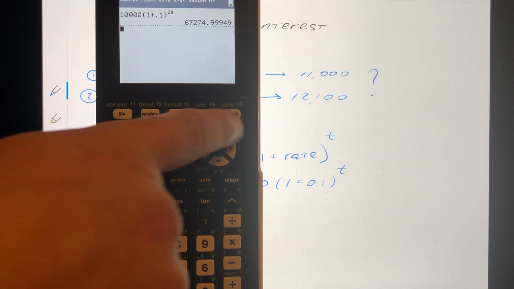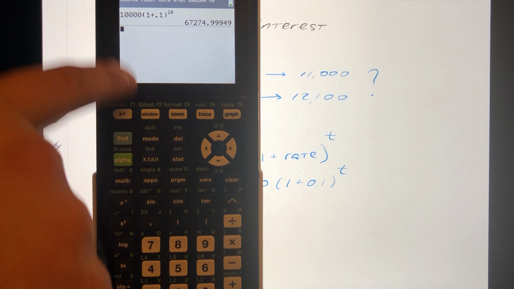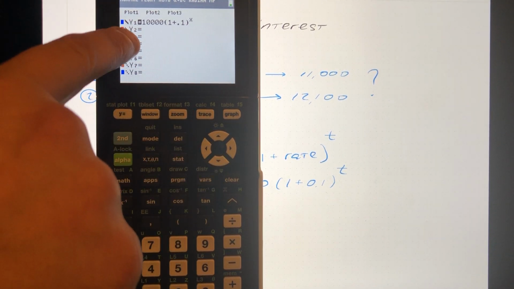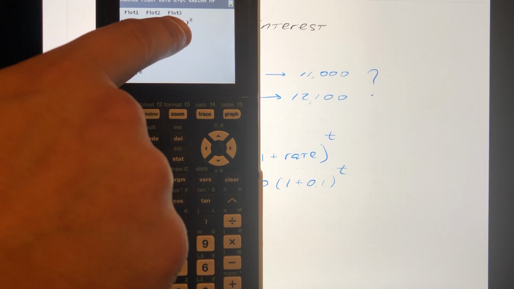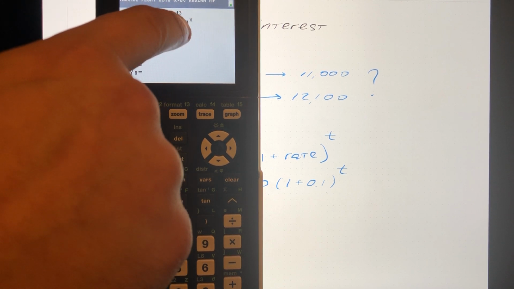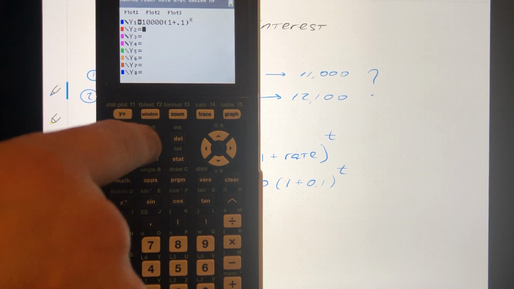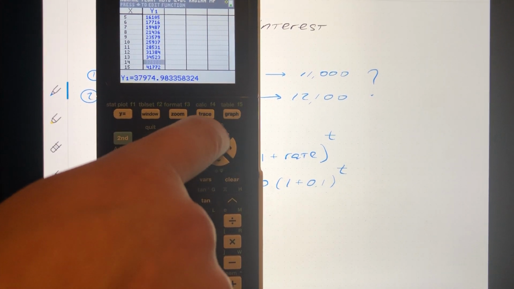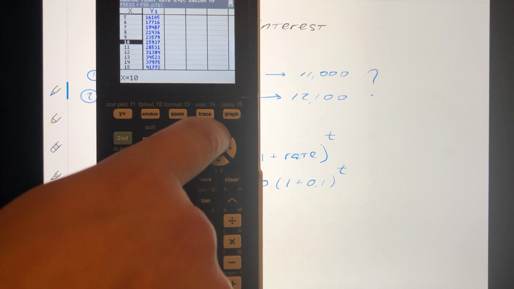We could also look at the table if we type the same equation into y equals. So here's the same exact equation, but instead of the number fixed for the time, we have x. So this would find all the different x's, and if we look at the table, here's after 5 years, here is the beginning.